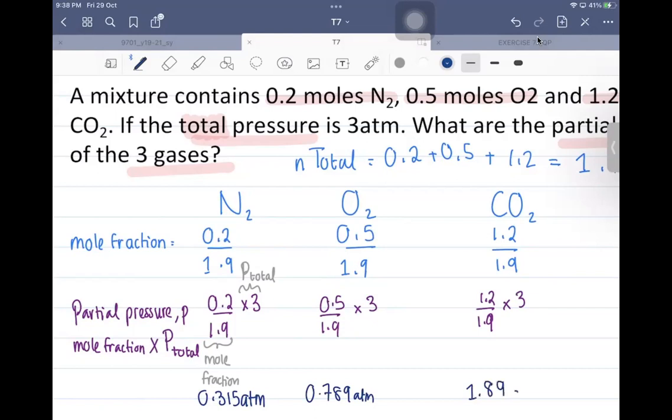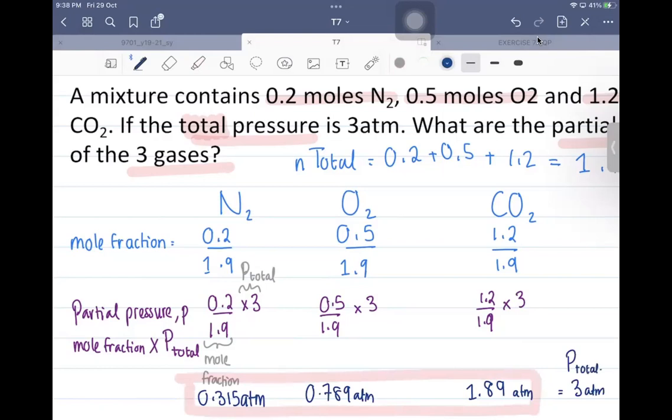1.89 atmosphere. To check if your calculation is correct, you add all of them together and it should give you 3 atmosphere. The partial pressures of each gas should add up to 3 atmosphere, which is the P total.